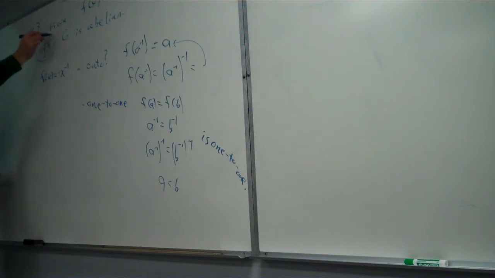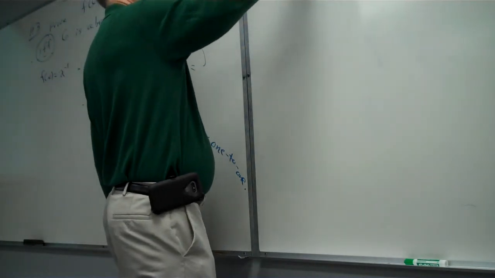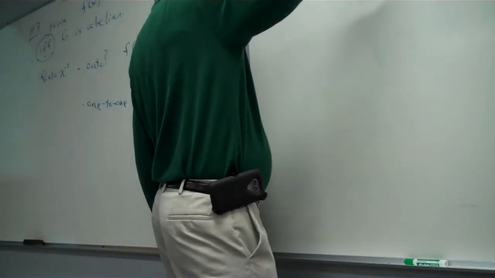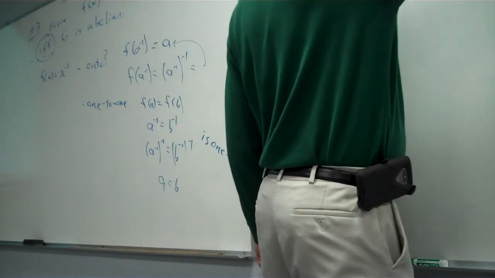And notice this also says if and only if. So there's actually two things going on here that we need to prove. If G is abelian, prove f preserves the operation.